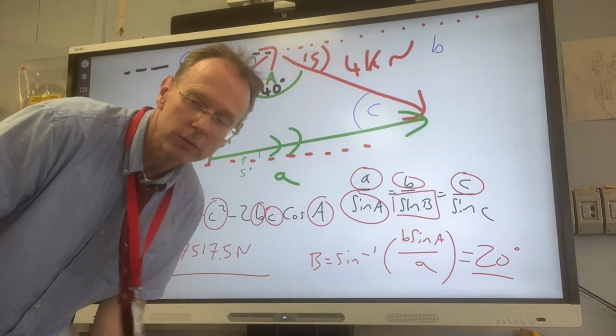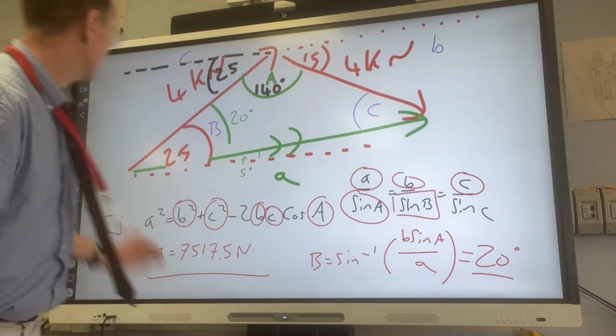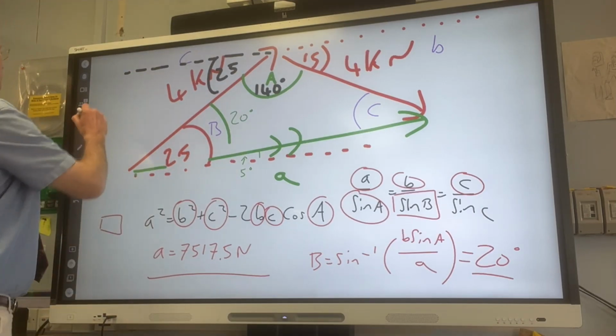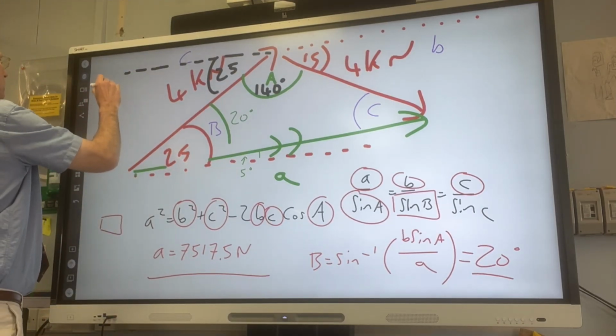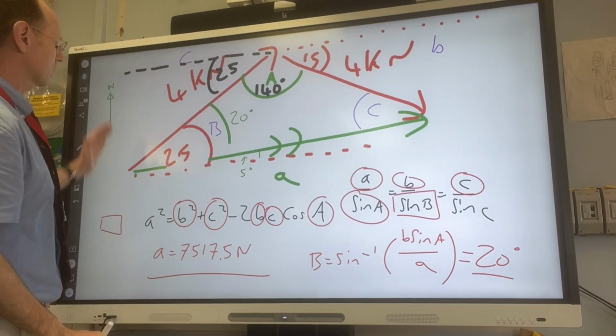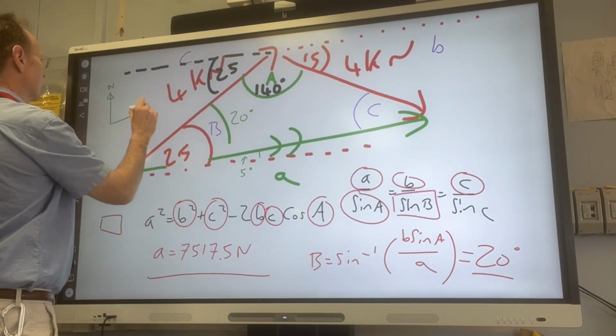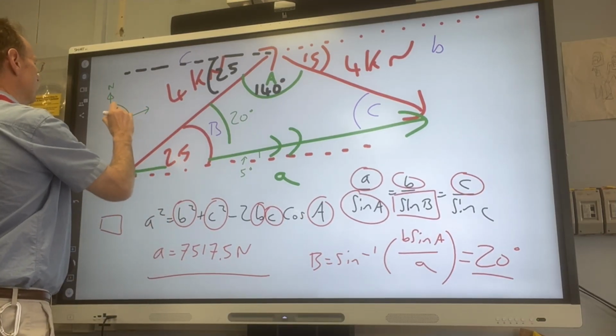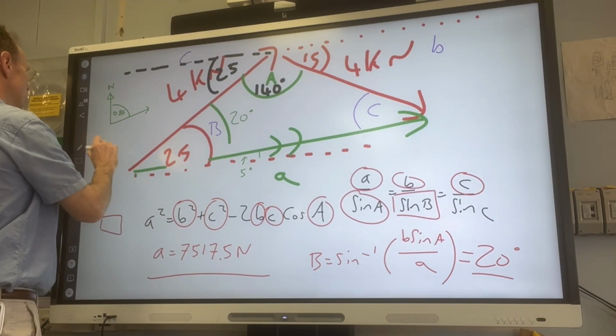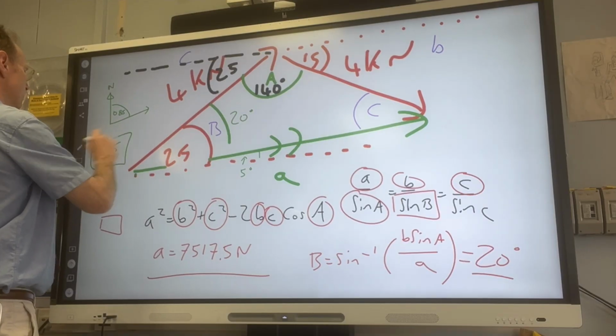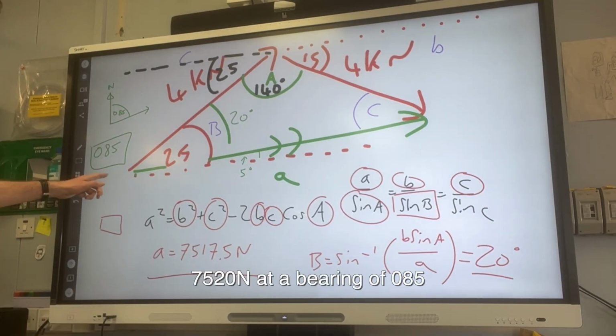So it's 5 degrees north of east, and this is 90. Then the bearing is going to be 85. 085. Bearing 085.